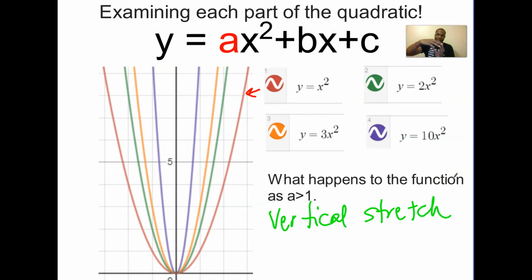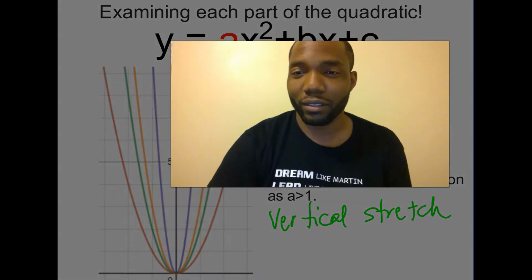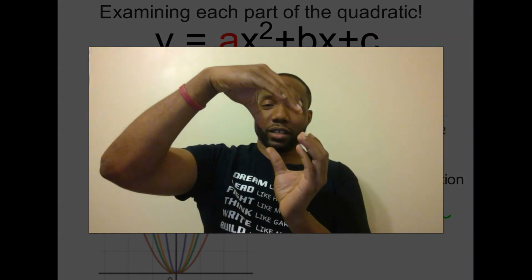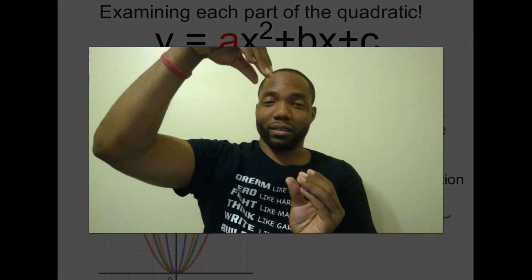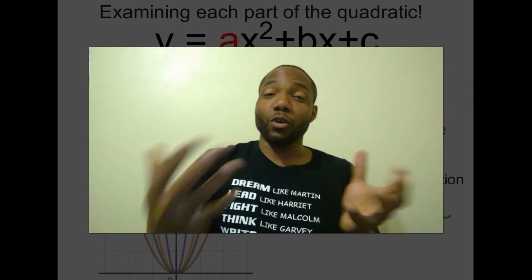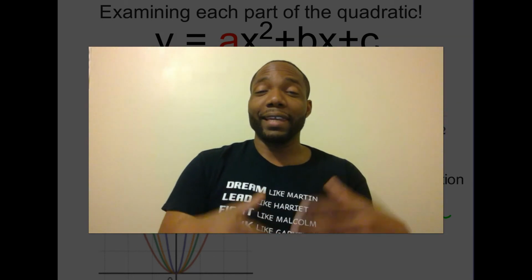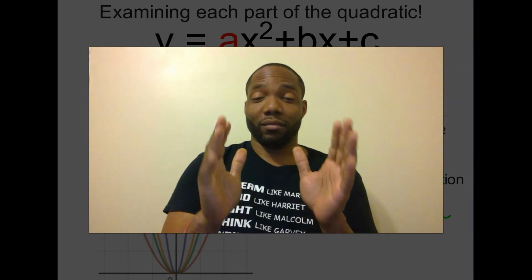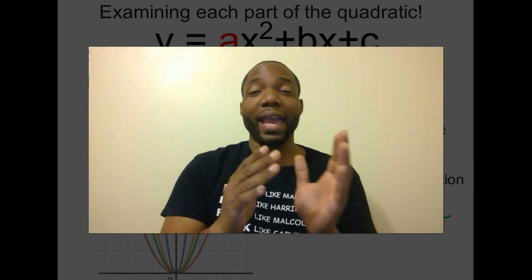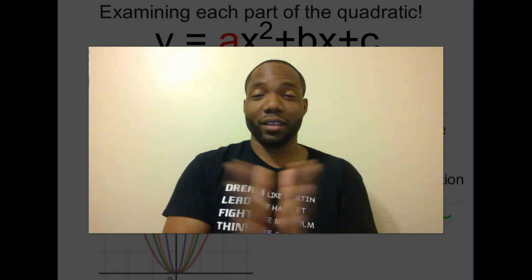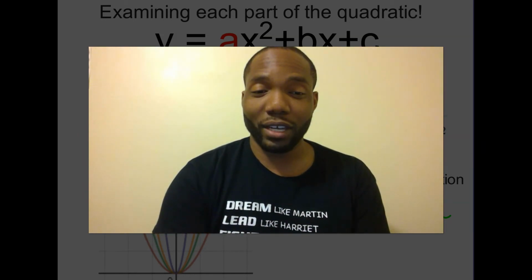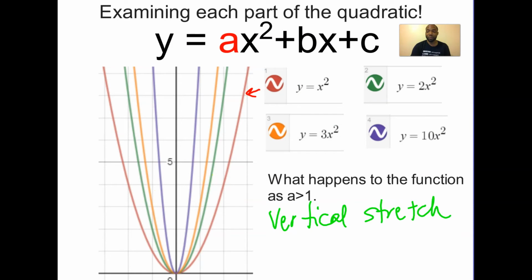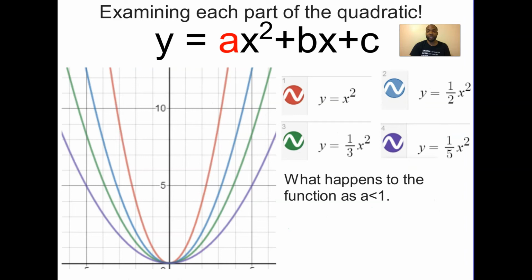Like if you think about a rubber band, if you start with a rubber band and you stretch, it gets narrower. So when A becomes greater than 1, we have a vertical stretch, because the parabola becomes more narrow. There are several things y'all got to remember, but I'm going to give you a cheat sheet at the end.